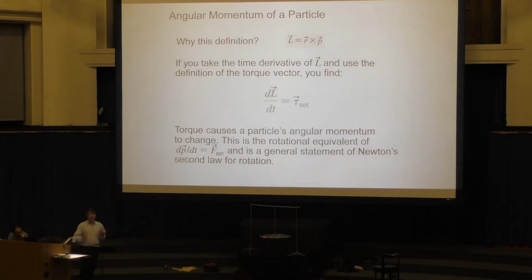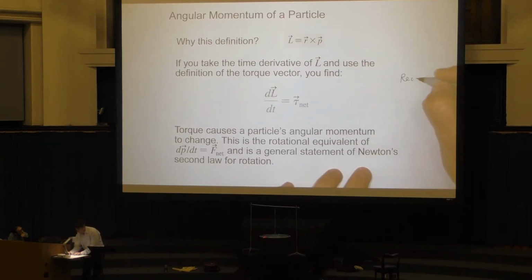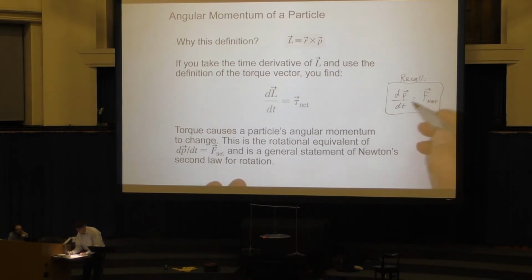So this was actually how Wolfson originally introduced Newton's second law. He said, recall, dp by dt is equal to F net. So this is the analogy to that in linear motion: the time derivative of the momentum is equal to the net force.